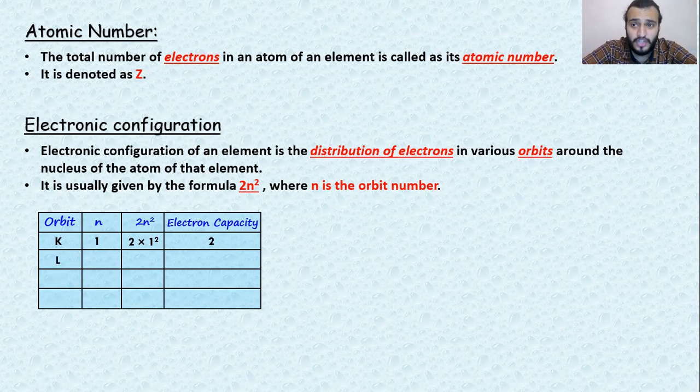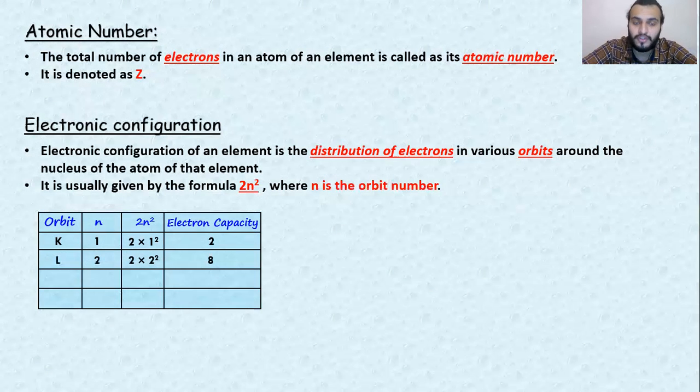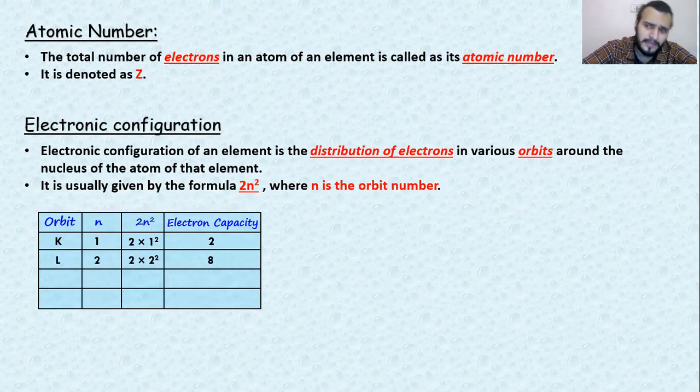The second shell or second orbit is the L orbit, where n is equal to 2. So now it is 2 into 2 square. 2 square is 4 and 4 twos are 8. So the capacity of the second shell is 8 electrons.